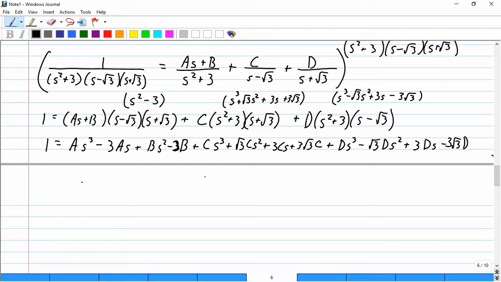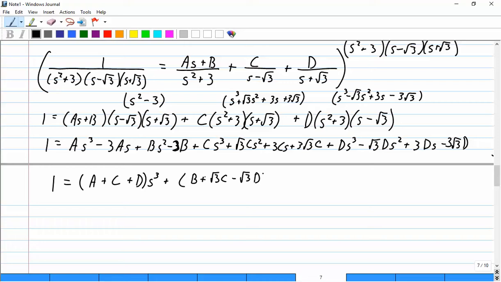Alright, so (A plus C plus D) times s cubed. Now look for all the s squared terms, plus (B plus square root of 3 C minus square root of 3 D) times s squared.